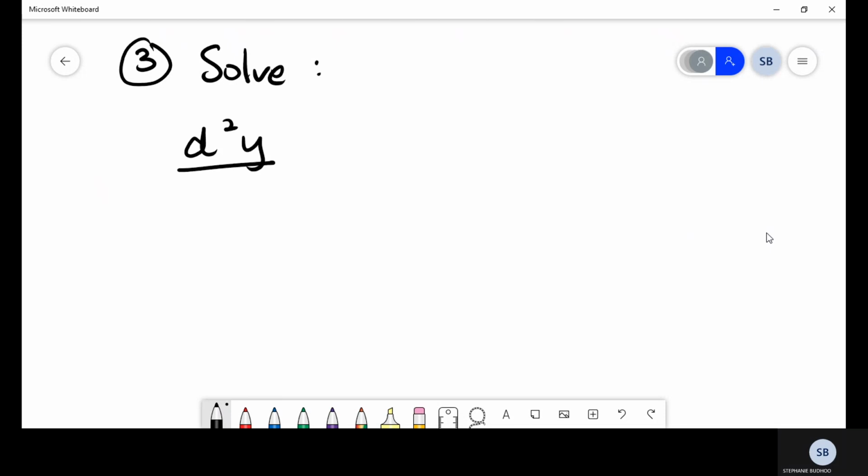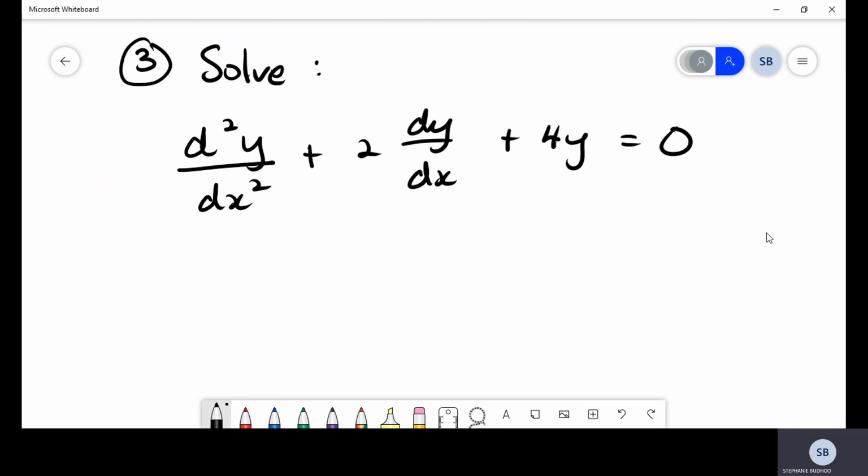d²y/dx² + 2 dy/dx + 4y = 0. Now, the first thing you need to make sure is to identify if it's a second order differential equation.